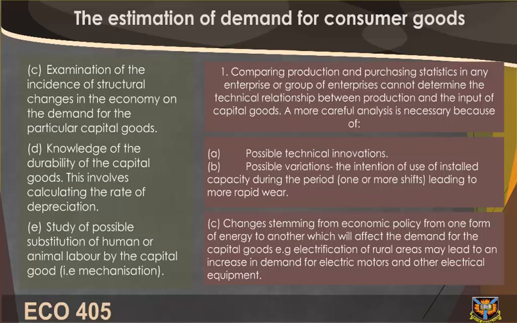B. Possible variations in the intensity of use of installed capacity during the period, one or more shifts leading to more rapid wear. C. Changes stemming from economic policy from one form of energy to another, which will affect the demand for the capital goods. For example, electrification of rural areas may lead to an increase in demand for electric motors and other electrical equipment.